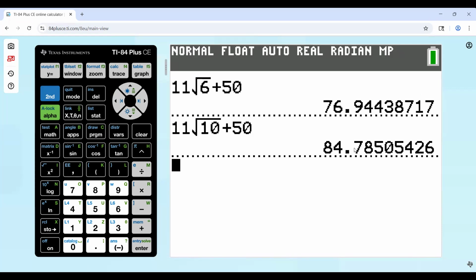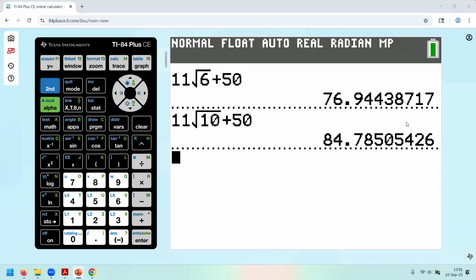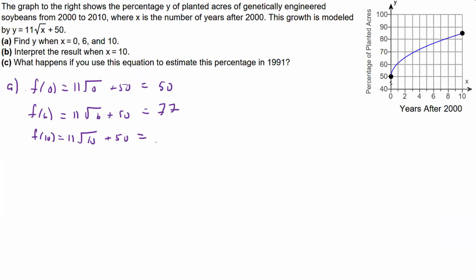So 77 and 85, we'll use those numbers because I'm pretty sure they're going to want whole numbers here. It looks like we don't have any decimals, and if we plug in 6, we should be roughly about 77. We're just going to go with whole numbers.